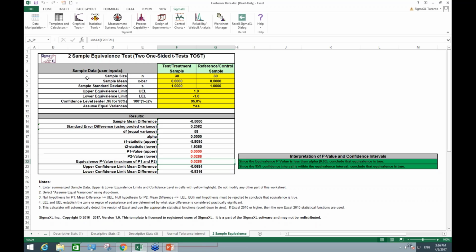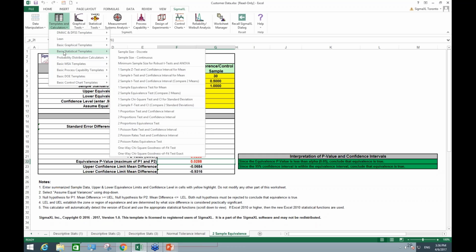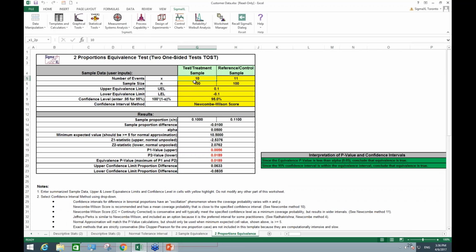And we have a very similar one for two proportions. So I go to basic statistical templates, two proportions equivalence test. But now I'm dealing with proportions, and I specify my equivalence interval as a proportion. And same thing, if we reject the null hypothesis for both, we conclude that equivalence is true. There is one little catch that I need to point out.